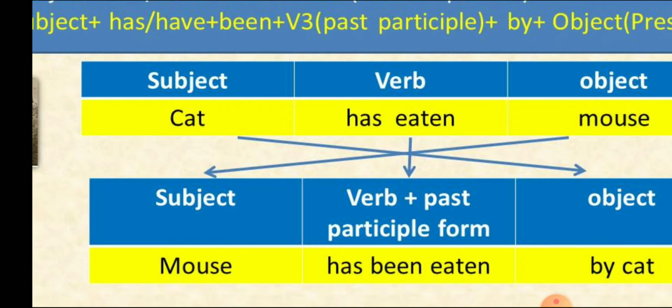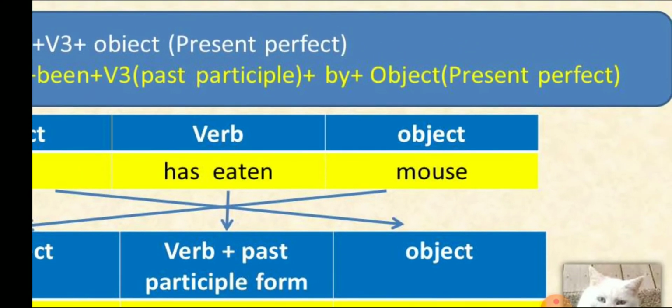By observing has eaten, we can say that this sentence is in present perfect form. Now identify the subject and object. Here the subject is cat and the object is mouse. Now interchange the subject and object, and has eaten should be changed to has been eaten. So we have to include been in between has and eaten. So mouse has been eaten by cat.